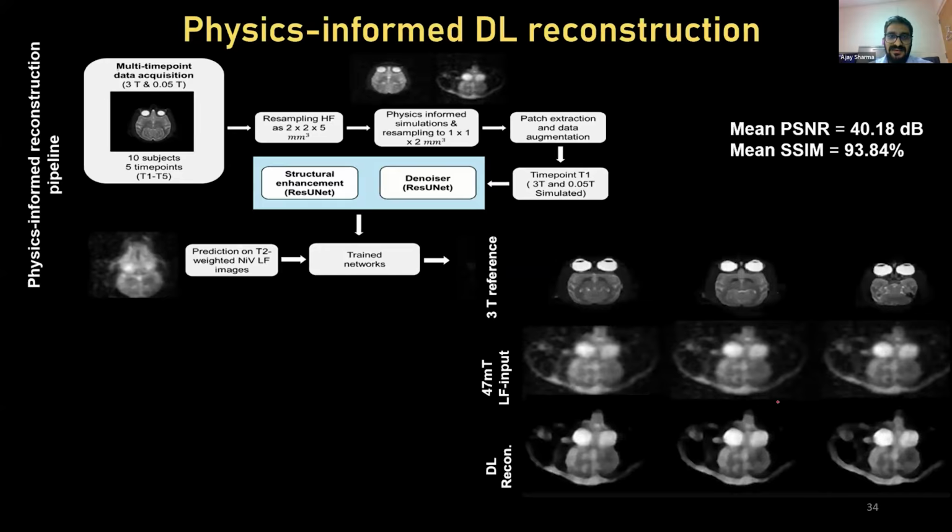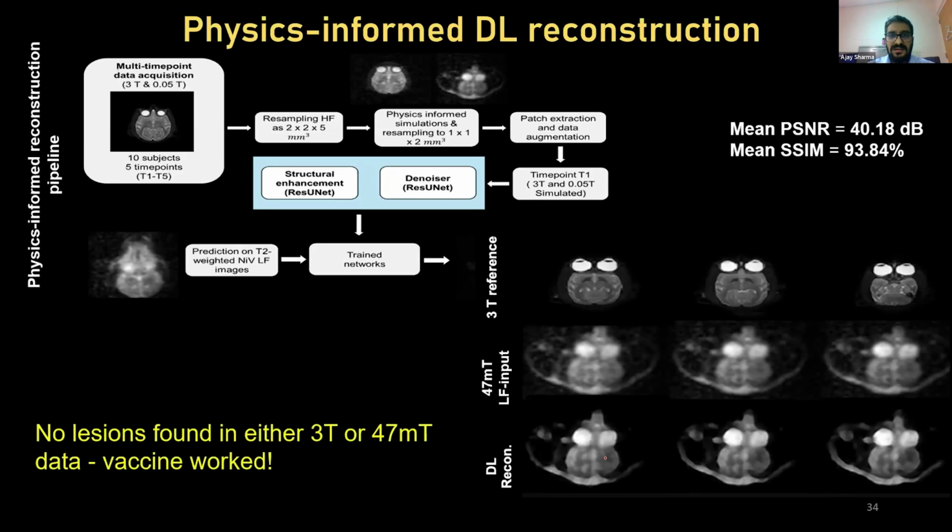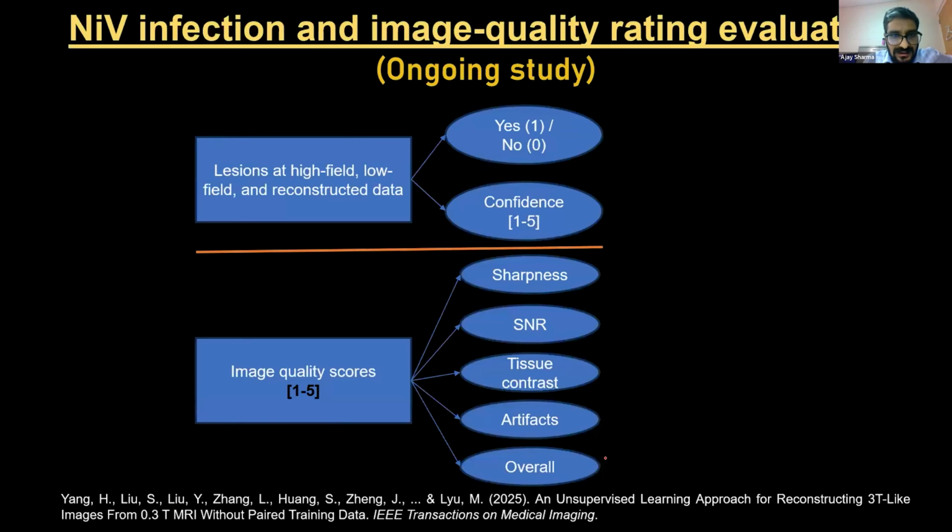Like we have a 3T reference, 47 millitesla and DL recon, and there are still patches on it. However, SSIM reaches 93, but there is still a difference. Miles to go.